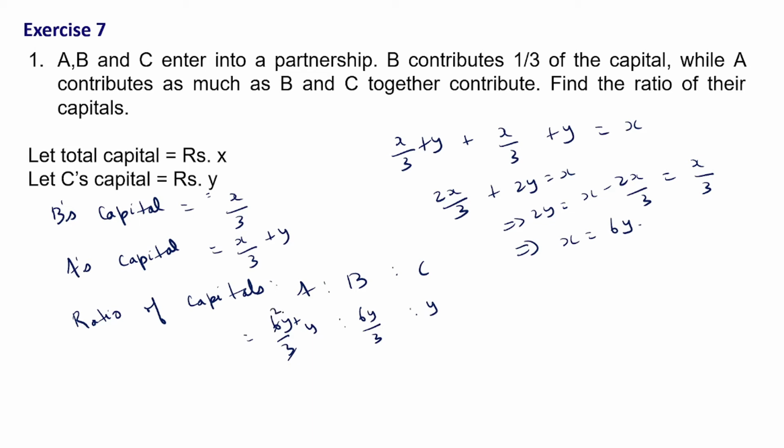If we simplify, this is 2y plus y, which is 3y, is to 2y is to y, or this is equal to 3 is to 2 is to 1. So this is the required ratio of their capitals. The answer is 3 is to 2 is to 1.